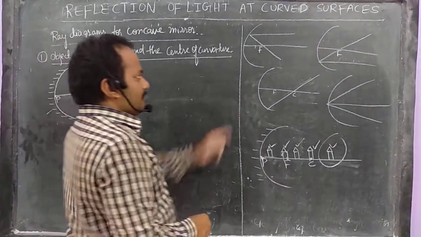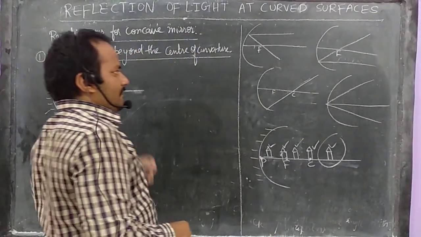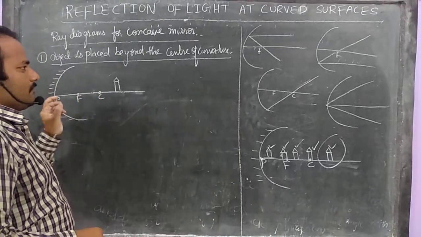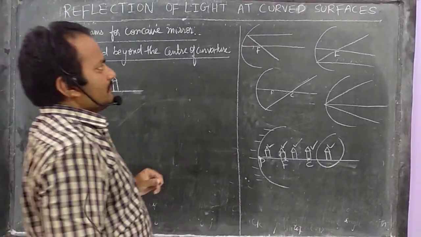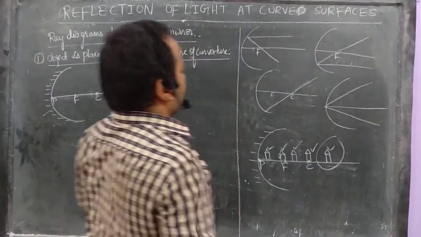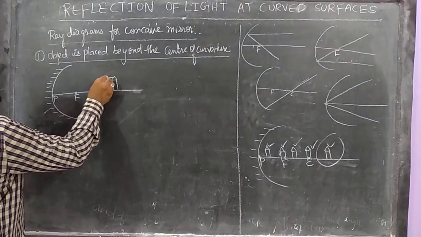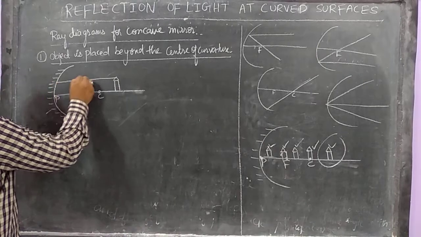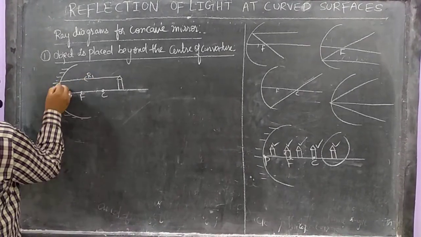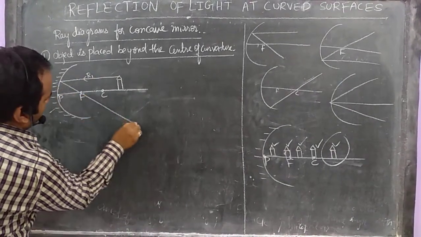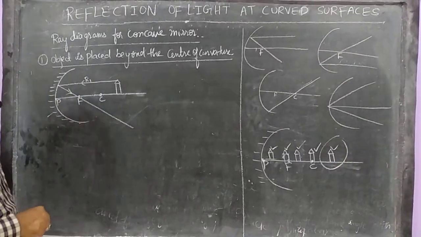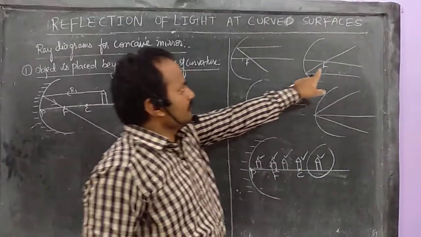So my dear students, there are 4 rules and you have to take the help of any 2 rules for drawing the ray diagrams. Is it possible with rule 1? Yes, because the focus is clear. So I can go with rule 1. The incident ray is parallel to the principal axis and the reflected ray passes through the focus. Is it possible with rule 2?